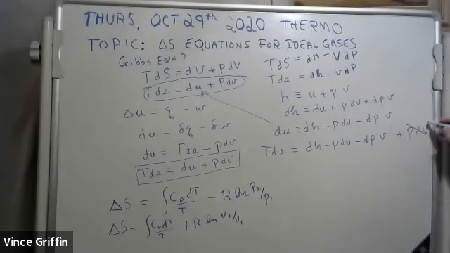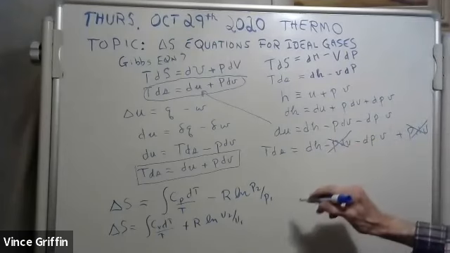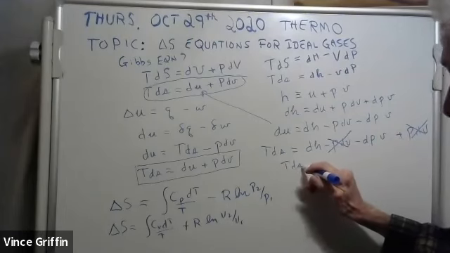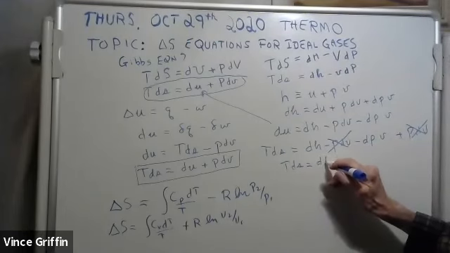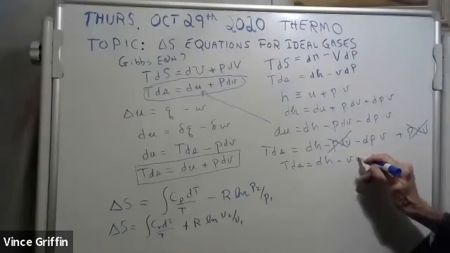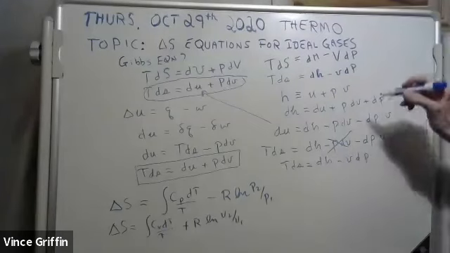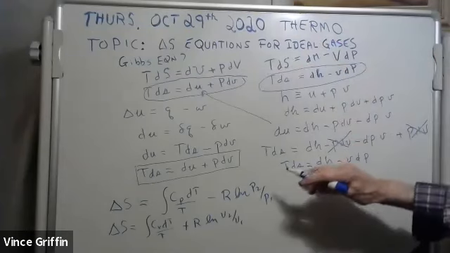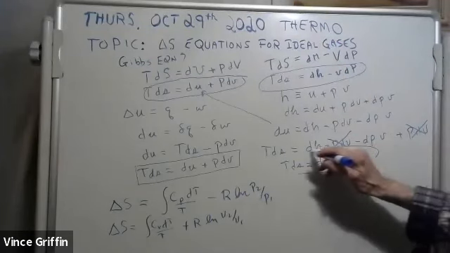Oh, looky here. PdV minus PdV, they cancel, and guess what you're left with? You're left with TdS equals dH minus VdP. Hey, that's the other Gibbs equation. Look at that. We just showed you where the other Gibbs equation came from.